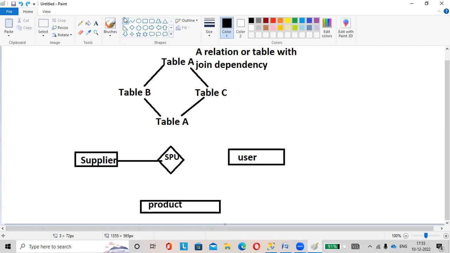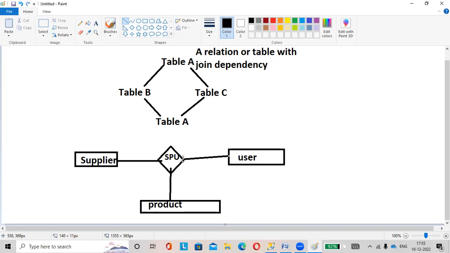All are connected with this relationship. What are the entities here? Supplier, product, user. Okay, there are 3 entities connected with a relationship.